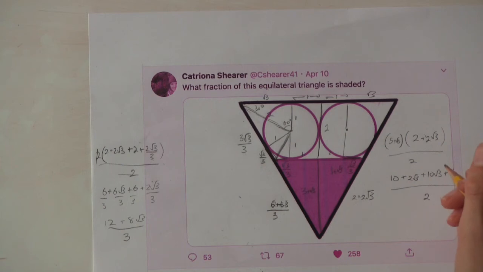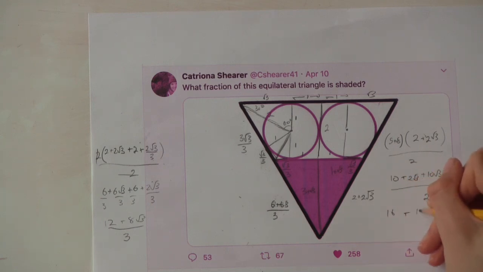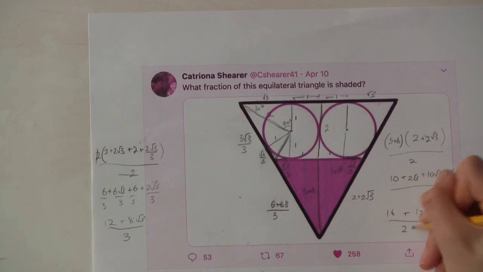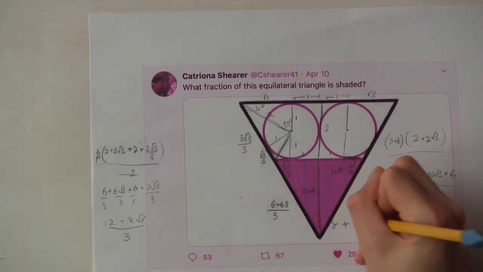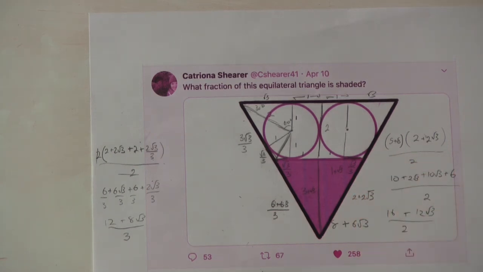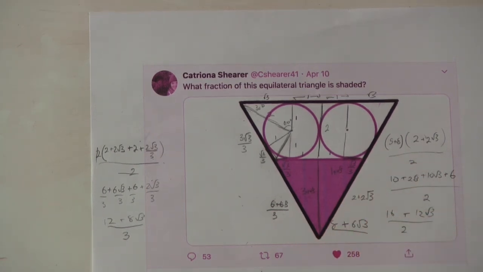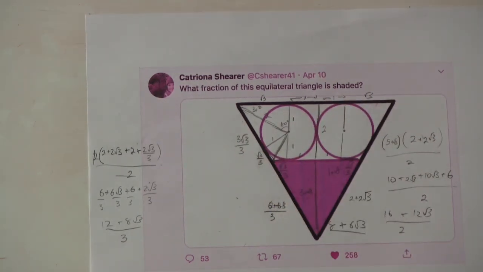So we end up with 16 plus 12 root 3 over 2. So we get 8 plus 6 root 3 as our whole. Alright, so that's the area of the big triangle. Okay.